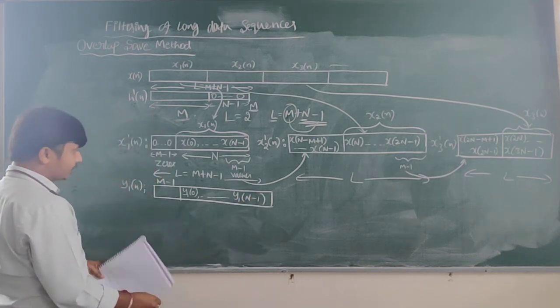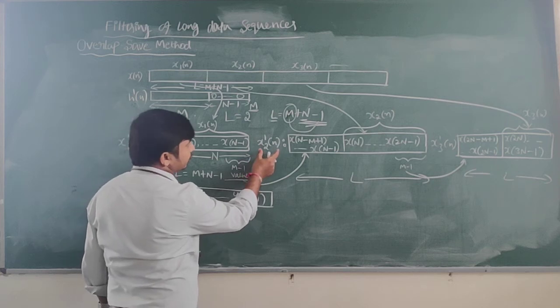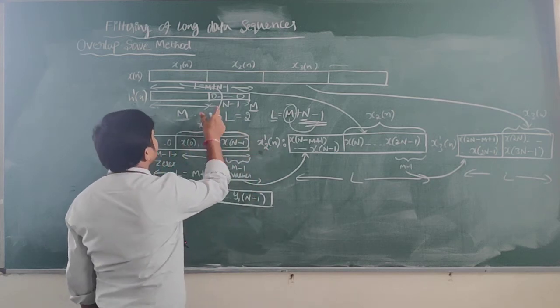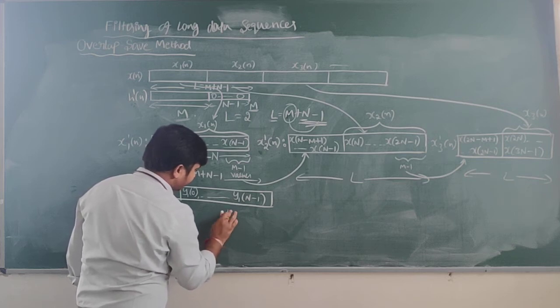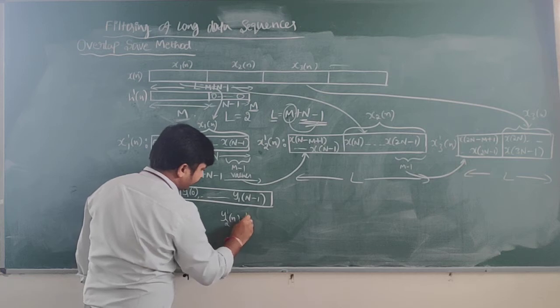Next, the convolution of x2 dash of n with h dash of n gives us y2 of n.